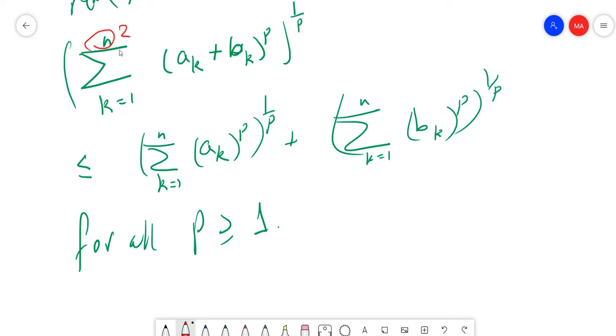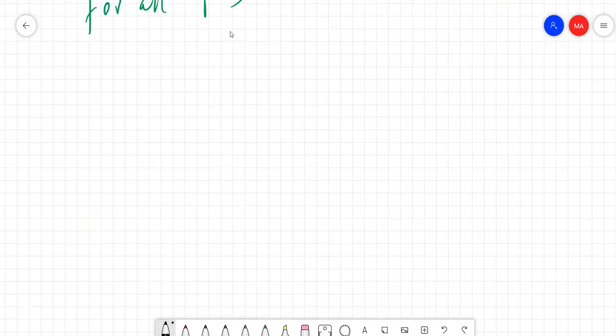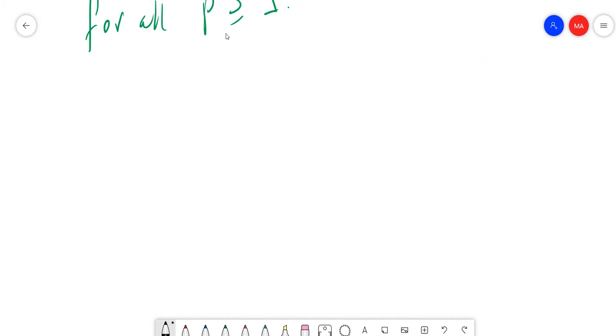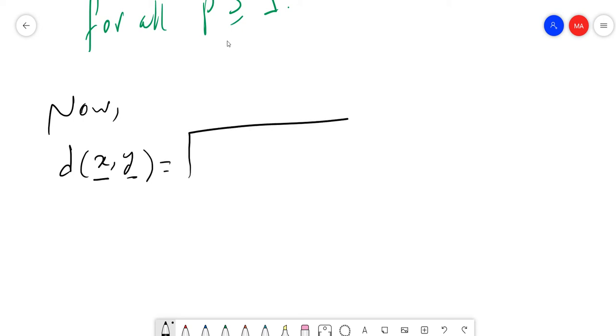In our case, let us write the distance between x and y as vectors, equal to the square root of (x1 minus y1) squared plus (x2 minus y2) squared.